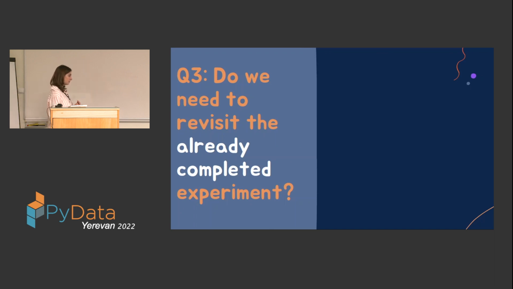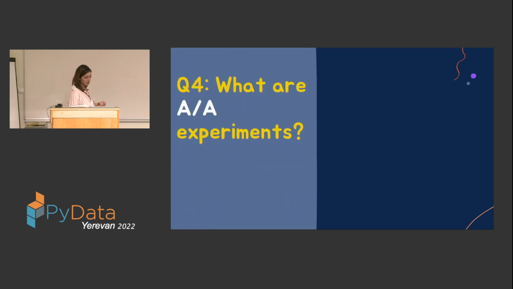Sometimes people want to change the variant, but they decided to keep the initial variant because the experimentation wasn't good enough, and they want to revisit the completed experiment and restore what the initial experimentation was. But this is quite dependent on how much traffic and load you can have, and it's a bit tricky depending on your product because you should have the same setup for your experimentation.